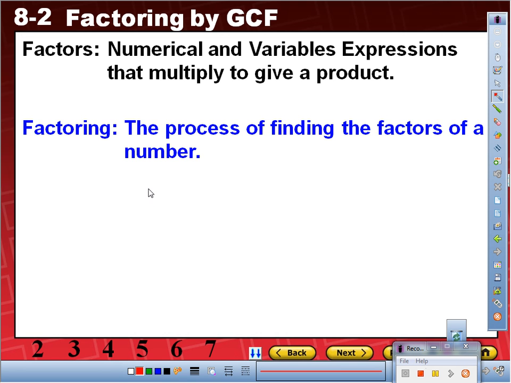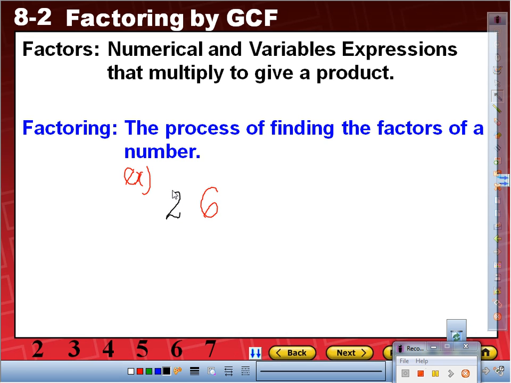Underneath that, I want you to write this example. If I wanted to ask you for the factors of the number 6, think about one factor. What would be the first factor? Some of us right away thought 2.